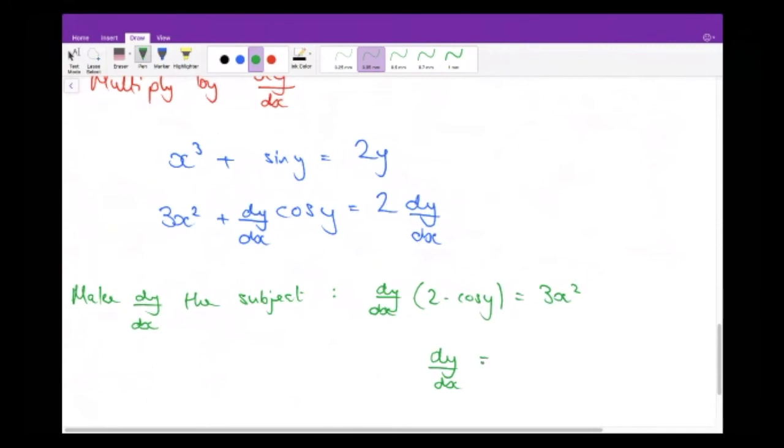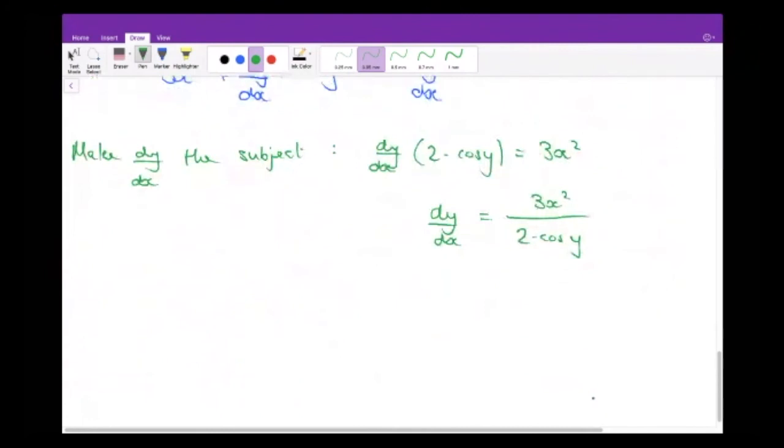So dy by dx equals 3x squared over 2 minus cos y. Okay? And in general, that then is the new method that we have here.